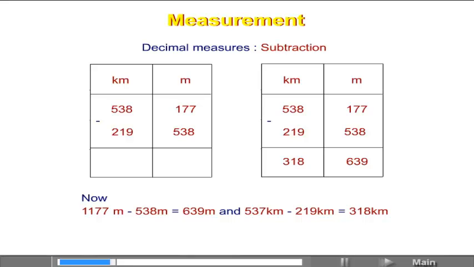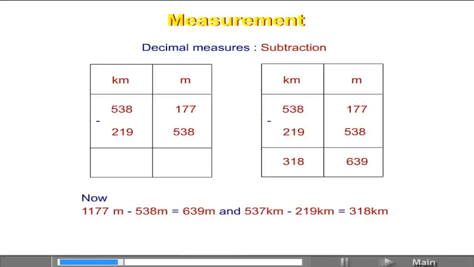When we subtract 538 meters from 1177 meters, we get 639 meters. Let us think about the kilometers now. We have to subtract 219 kilometers from 537 kilometers.